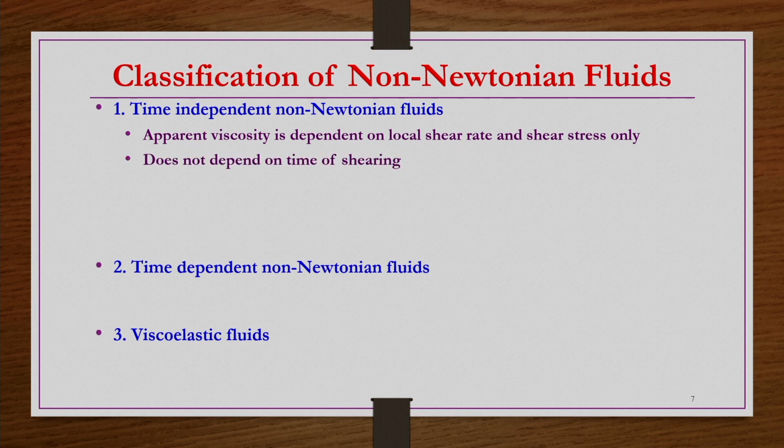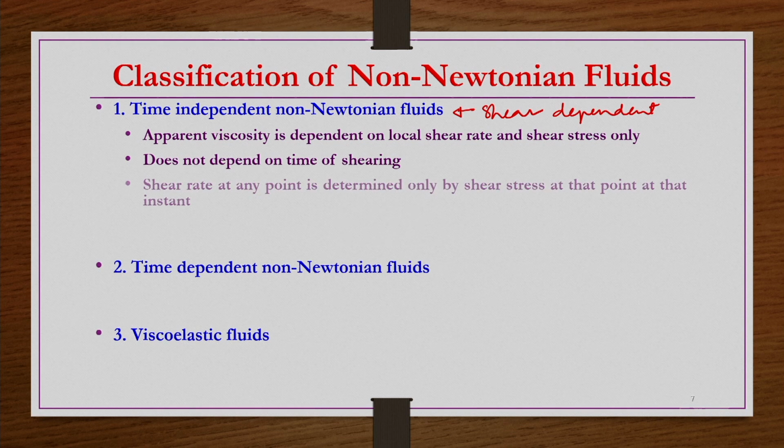The other name for these fluids is shear dependent non-Newtonian fluids. And the shear rate at any point is determined only by the shear stress at that point, at that instant only, as I just mentioned.